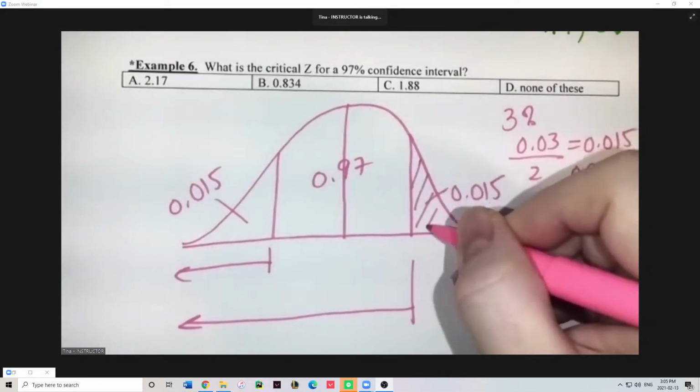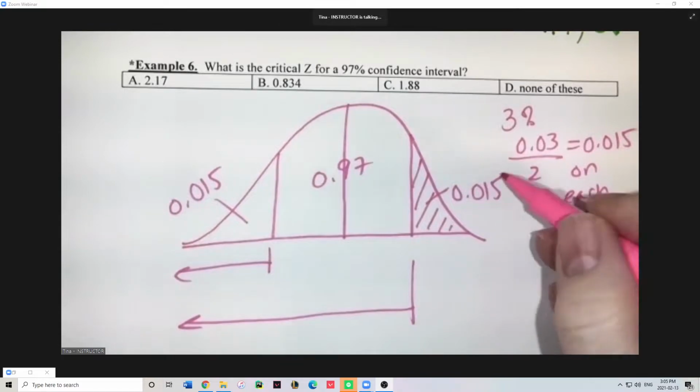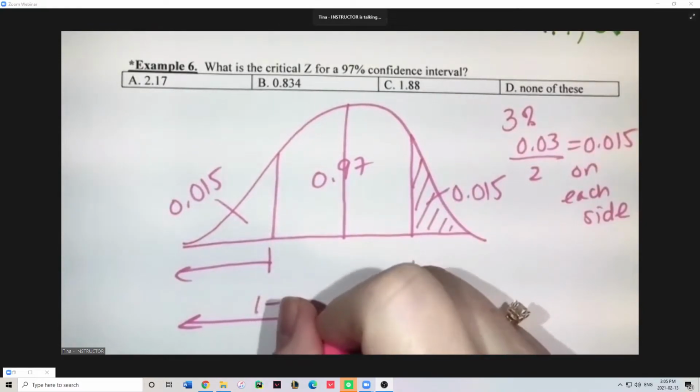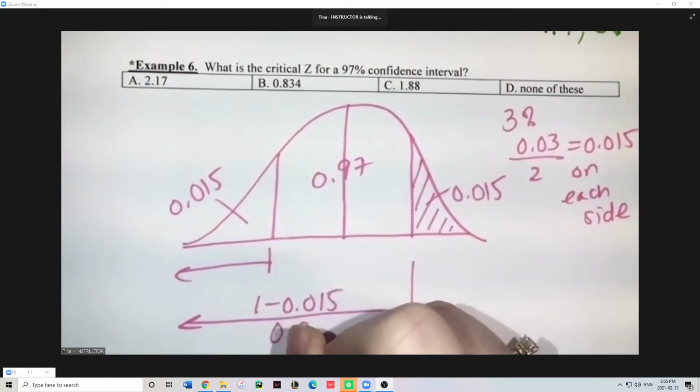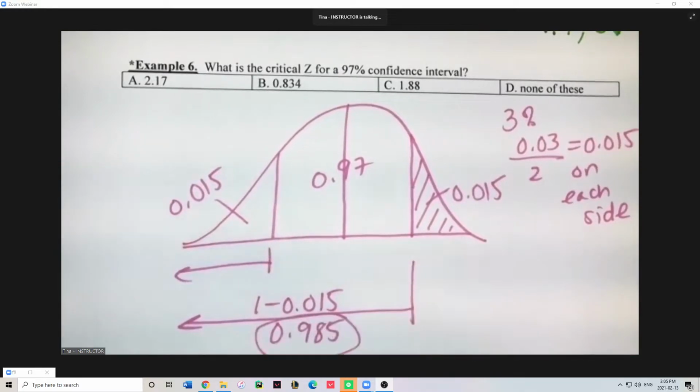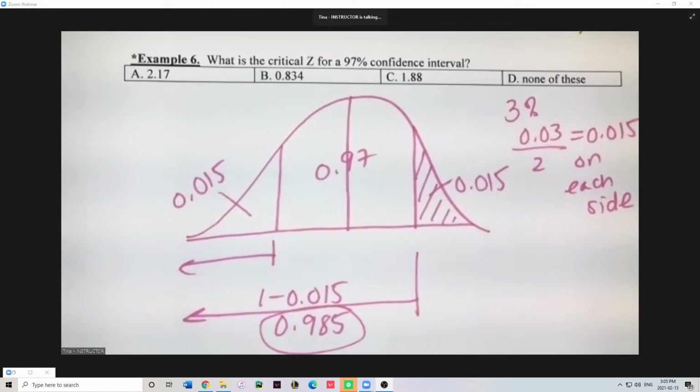Or for me personally, I think, okay, if I have 0.015 above, then this in here is 1 minus 0.015 or 0.985. So get out your Z table and find 0.985 or the closest number to it in the body of the table because it's an area.